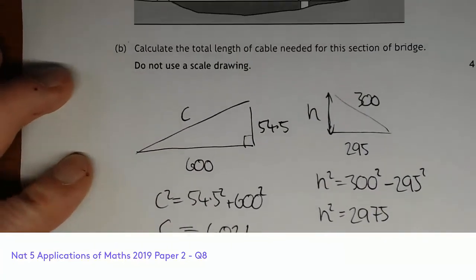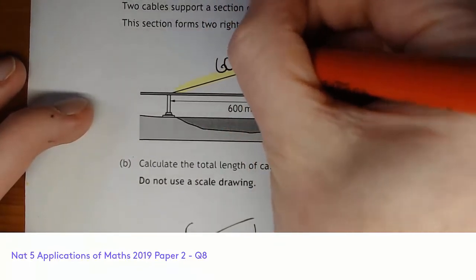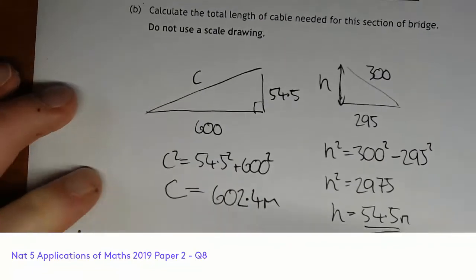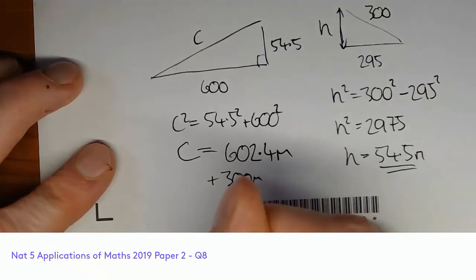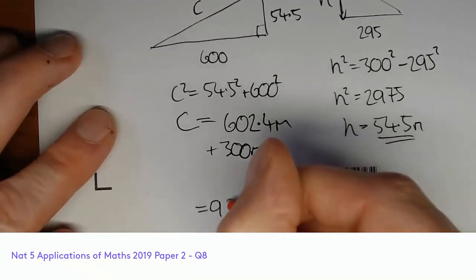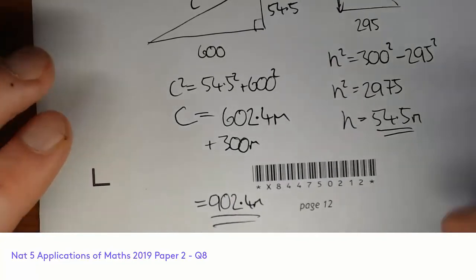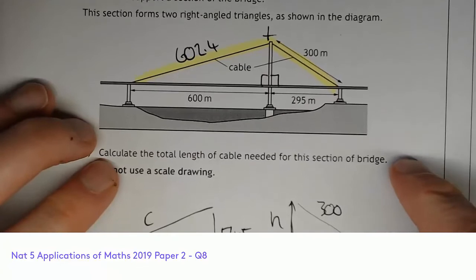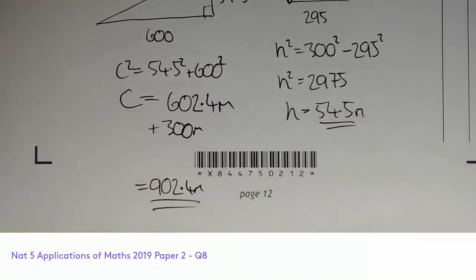So that side is 602.4. We can then add the 300 to it, so your total length is 902.4 metres. That's the length of the total cable required for this bridge. And hopefully that's helped you.